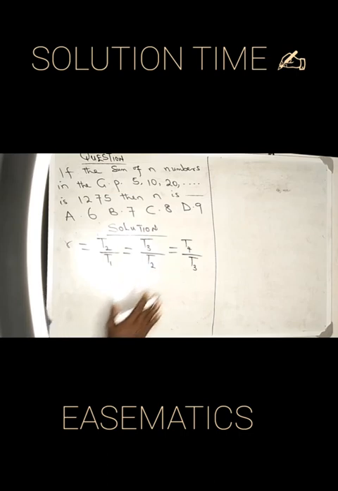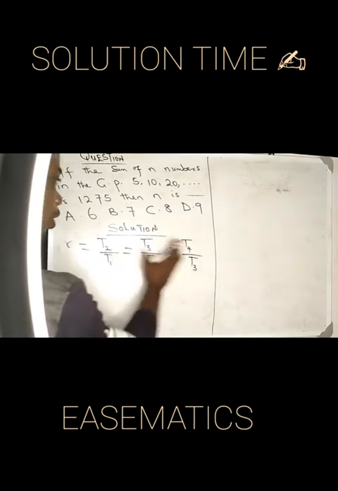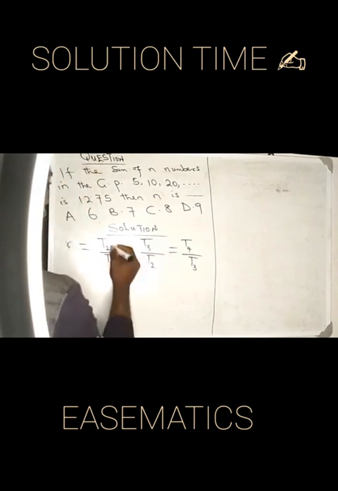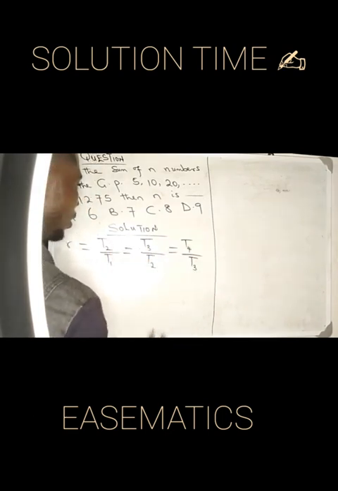Because they give us common values, we call it the common ratio. Of course, the terms here are in ratios.